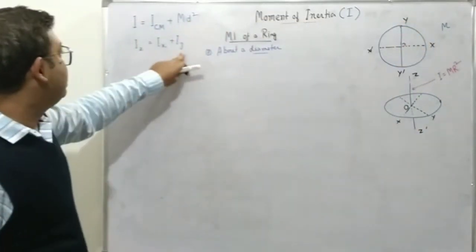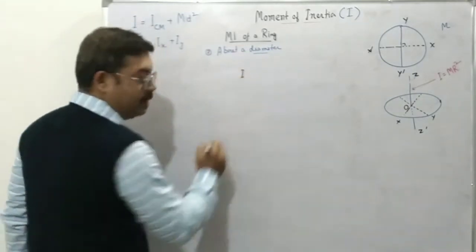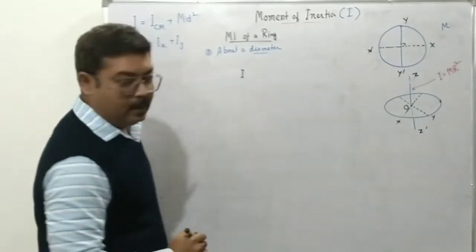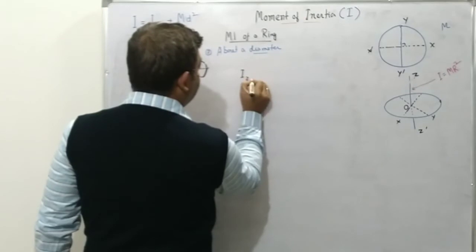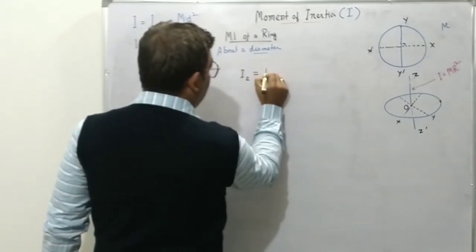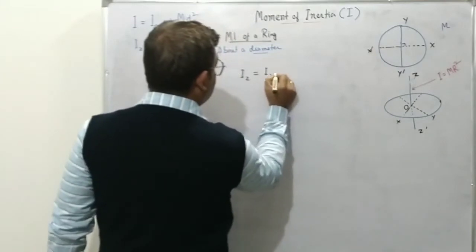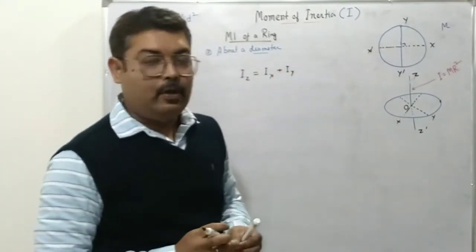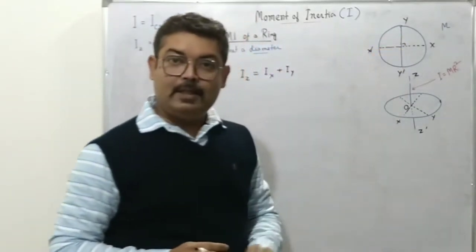So we can clearly use this particular expression. What we will have is that Iz will be equal to Ix plus Iy. However, because of the symmetry, we already have said that the moment of inertia about any of the diameters will be the same.